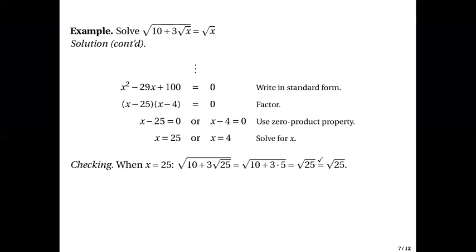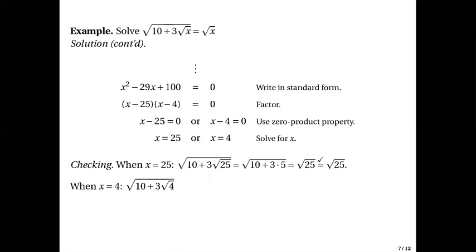So this is your left-hand side and this is the right-hand side here. That's for x equals 25.